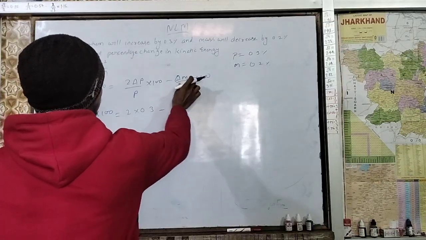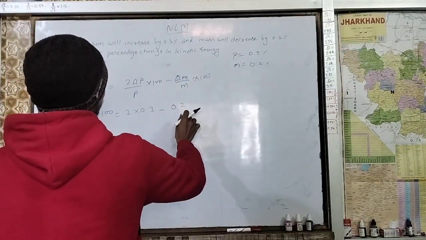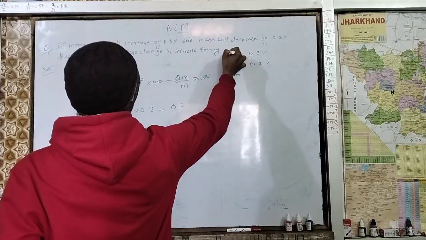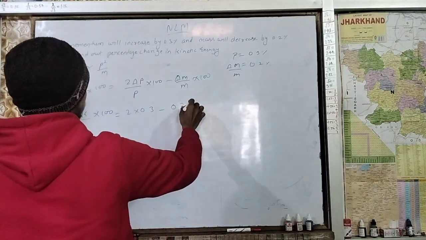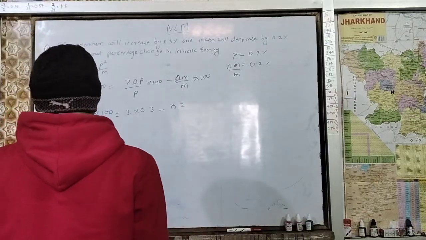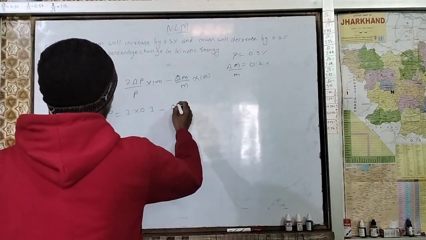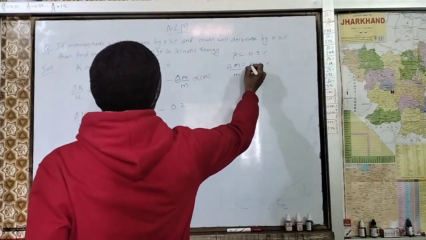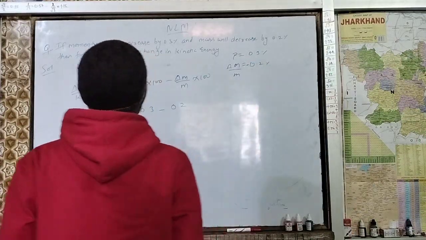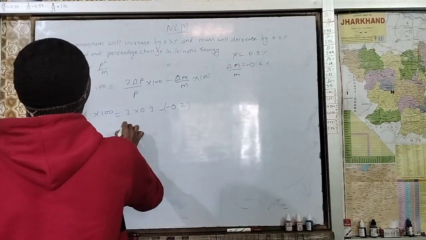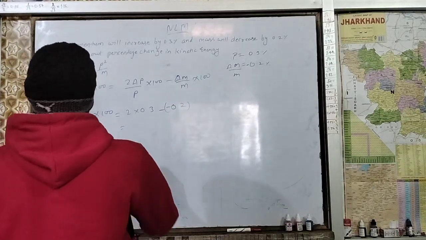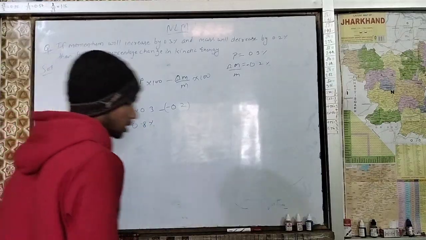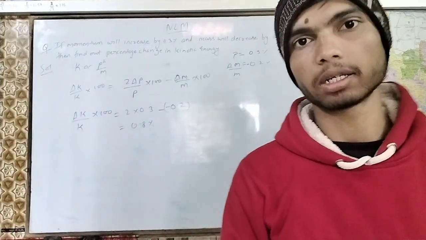Then minus m is 0.2. That is how we will write it. Minus 0.2, minus 0.2 for the decrease. So finally our answer is 0.8%. This much percent change is in kinetic energy.